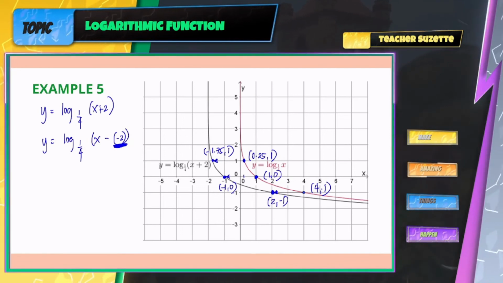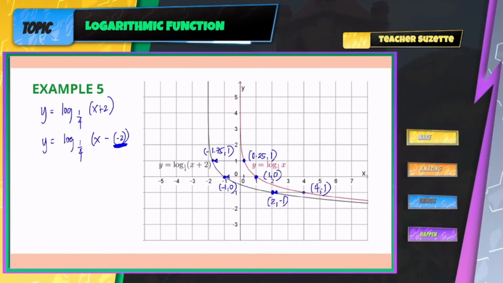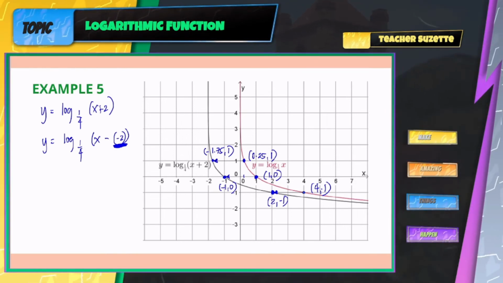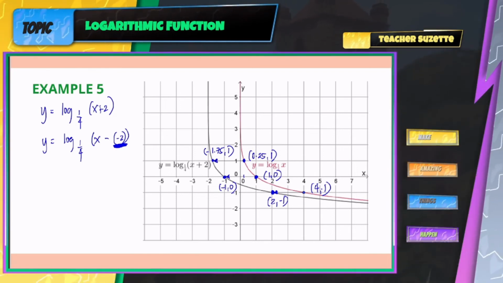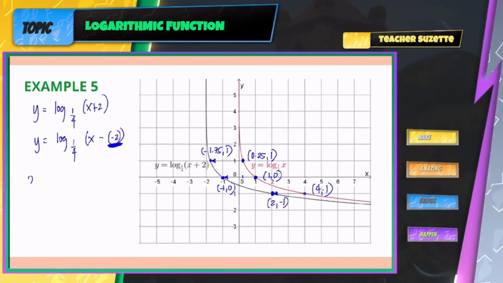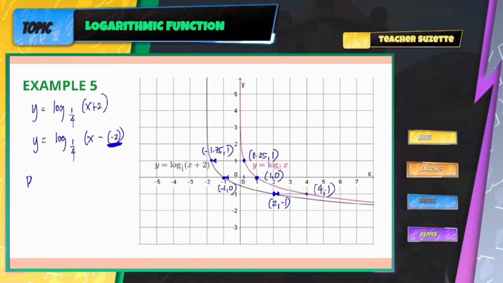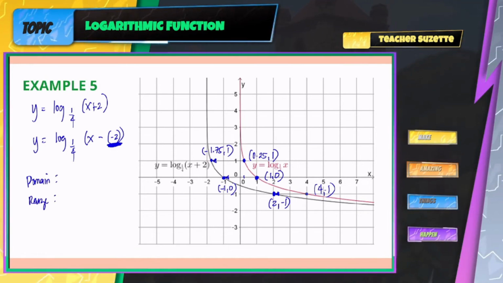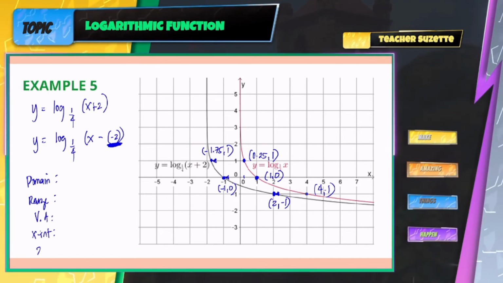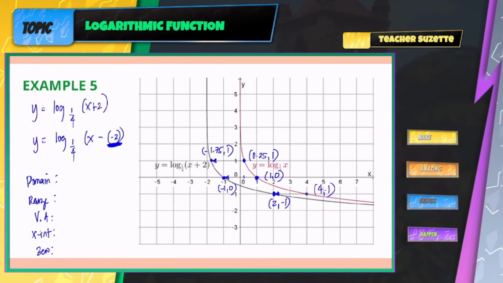So, when we identify points from our basic function, we can clearly see the shift that happens with our graph. Y is equal to the logarithm of x plus 2 base 1/4 with respect to its points on the graph. Now, let's analyze our graph. Let's identify the domain, range, vertical asymptote, x-intercept, and zeros or zero of our graph.